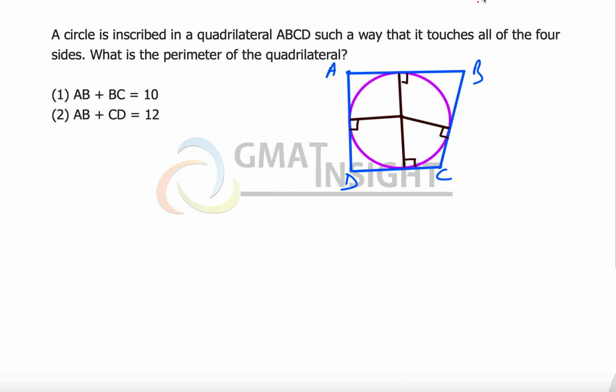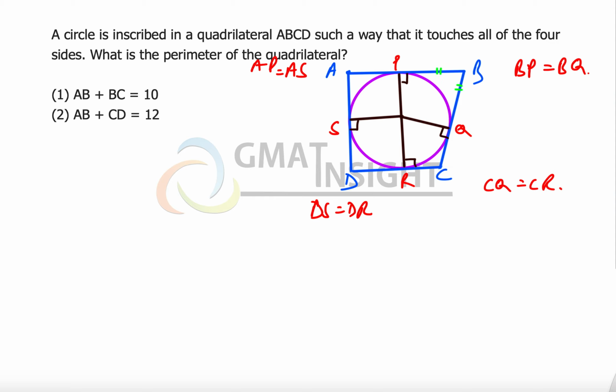That means if we call these points P, Q, R, S, then BP will be equal to BQ. Let me write it here. BP is equal to BQ, and CQ is equal to CR, DS is equal to DR, and AP is equal to AS.